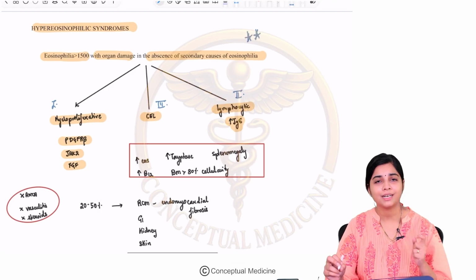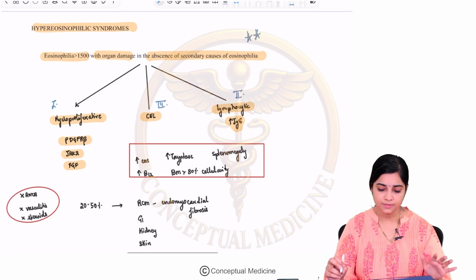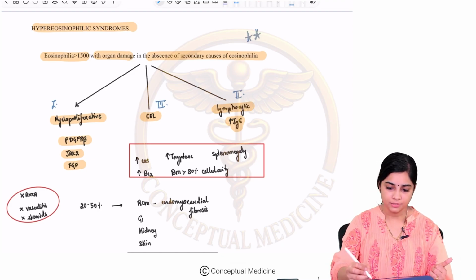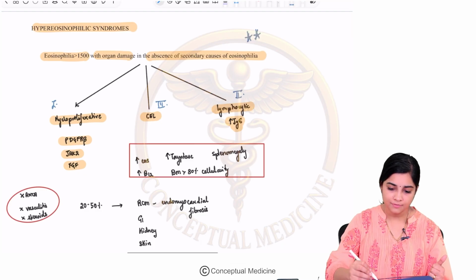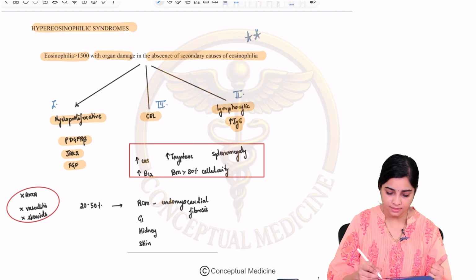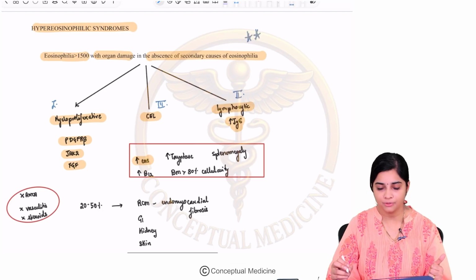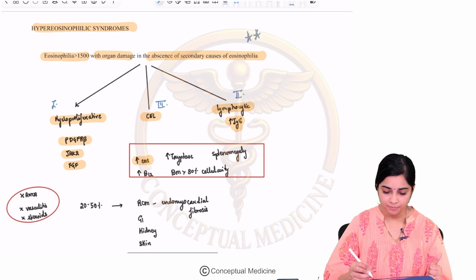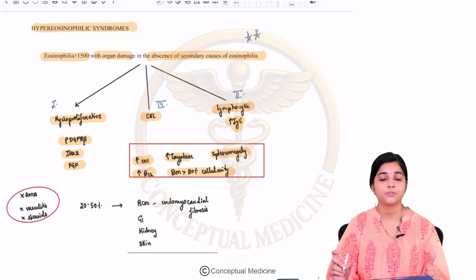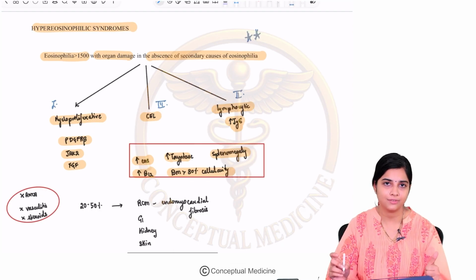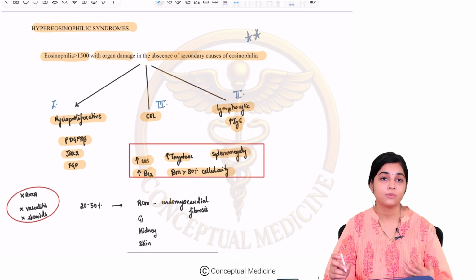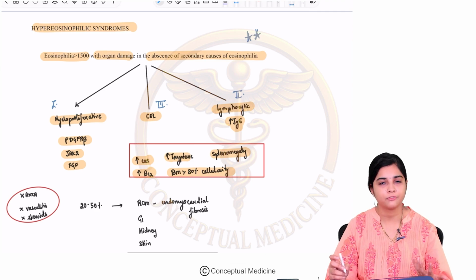Okay, so what are the certain characteristic features which will help you differentiate between the two? So as far as the laboratory features are concerned, there will be of course peripheral eosinophilia more than 1500, but you remember that there will be increased tryptase, there can be splenomegaly, B12 levels may be increased and bone marrow examination will show more than 80% hypercellularity because this is most often due to a myeloproliferative neoplasm.